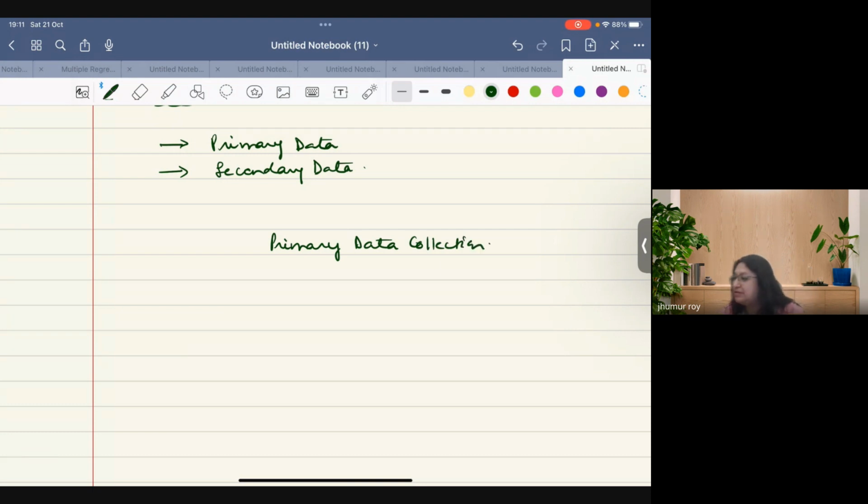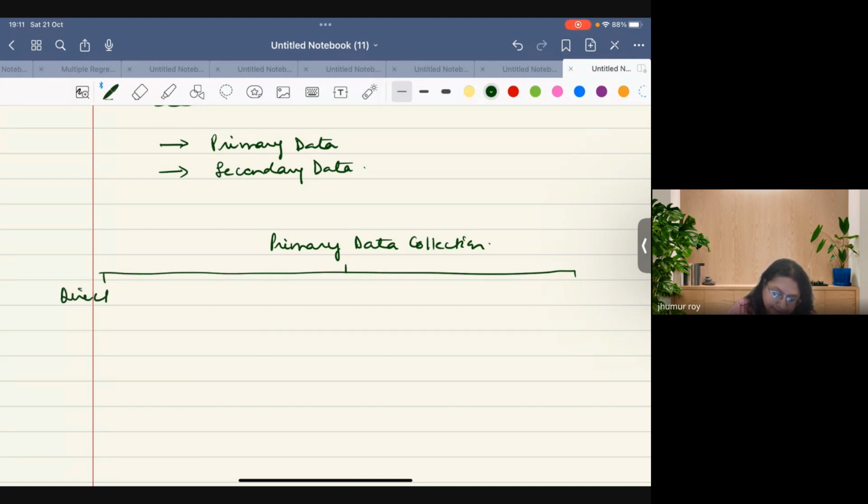I will deal with most of these methods, at least to give you a basic outline of how the analysis part works. The first is direct personal investigation. Let me just write them down, then I'll come to them one by one.